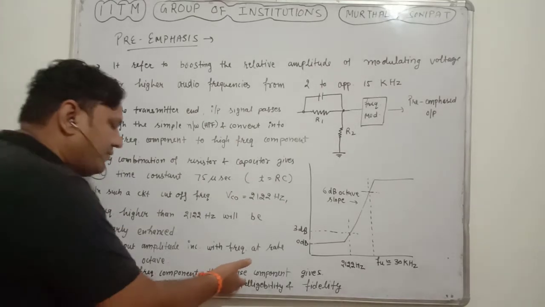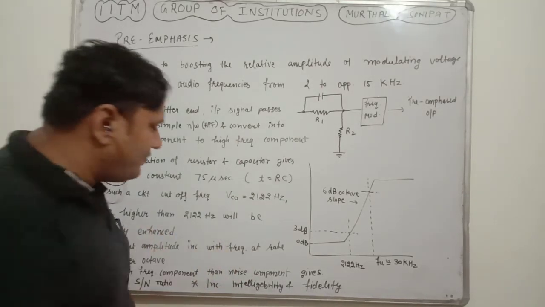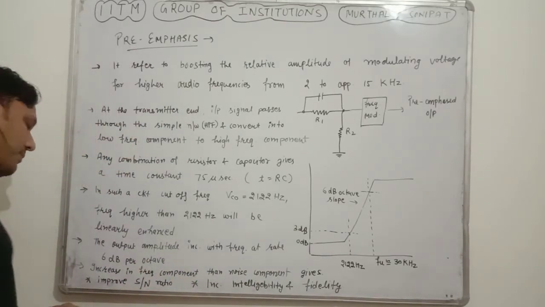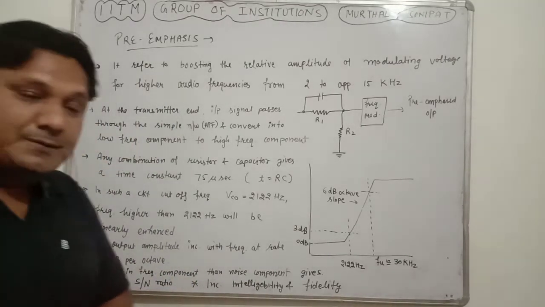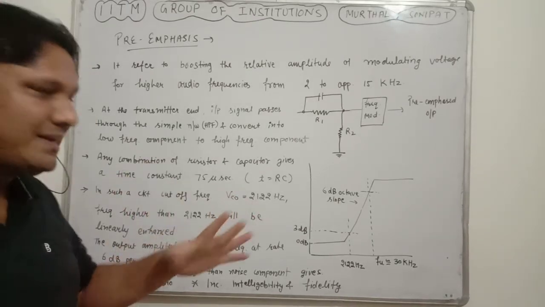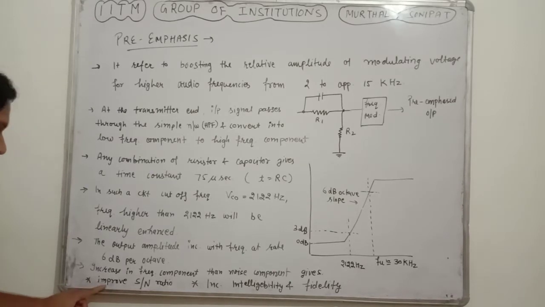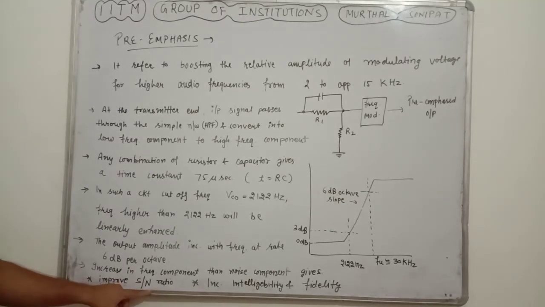Because of the increase in frequency component, noise is neglected and we achieve an improvement in signal to noise ratio, and there is an increment in intelligibility and fidelity. Got it?